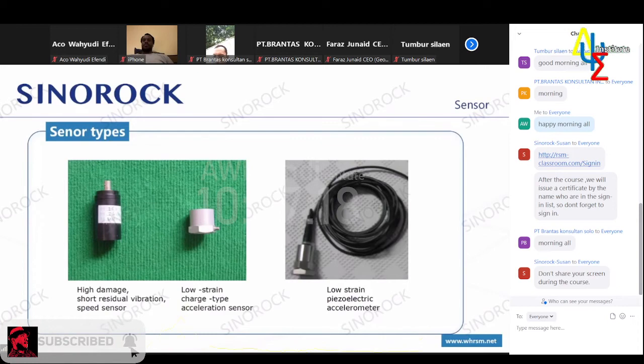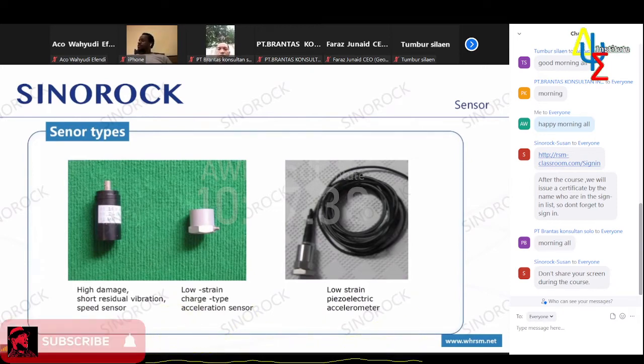This sensor must be designed with a charge amplifier in the instrument in order to convert the charge signal into an effective electrical signal for analysis and processing. The low-strain piezoelectric acceleration sensor on the right needs to supply pressure to the sensor, but the electrical signal needs to be transmitted to the instrument after processing.